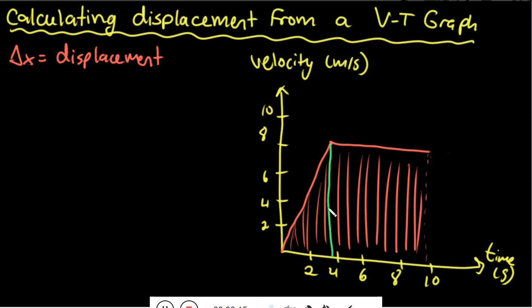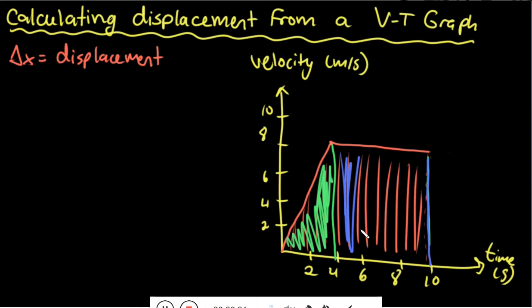We have a triangle here, let's say it's like this. So this is my first area right in here. And then we have this rectangle here, to be right here. So we're going to want to review some very important formulas that we need to remember when we calculate displacement from a velocity time graph.